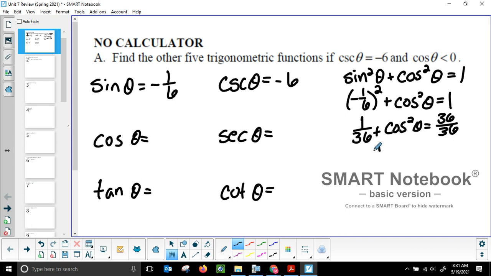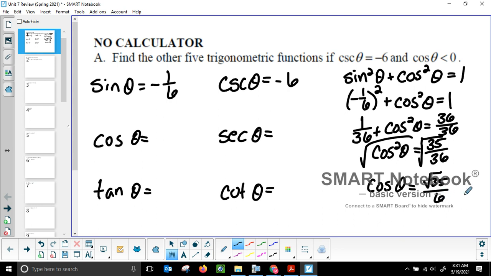All right, so cosine squared theta is equal to 35/36. So we go ahead and take the square root of both sides, and we get cosine of theta is equal to the square root of 35 over 6.